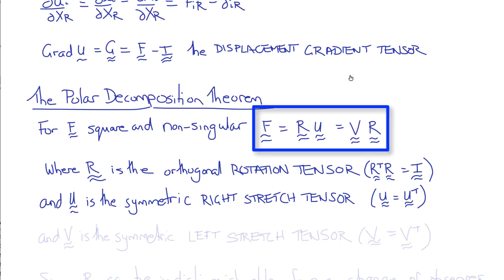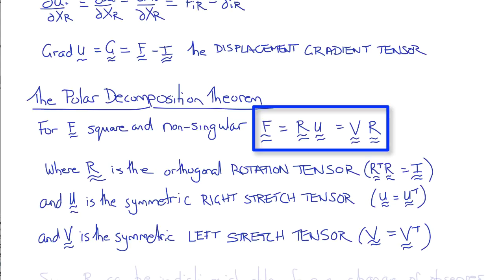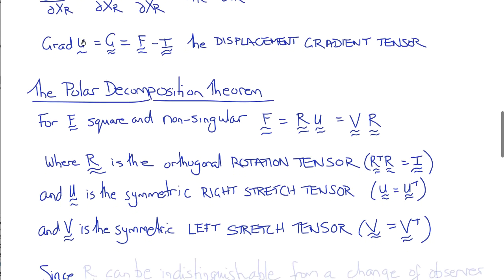In the alternative form of the polar decomposition theorem, V, which is also symmetric, is called the left stretch tensor. So V equals V transpose. So the deformation gradient can always be decomposed into a stretch and a rotation, because that's the two things that can happen to the vector. It can change its length and it can change its orientation.